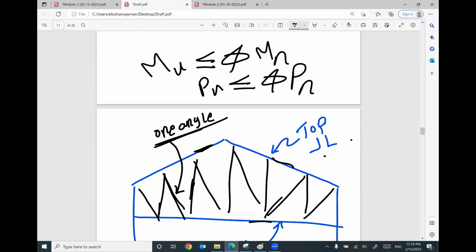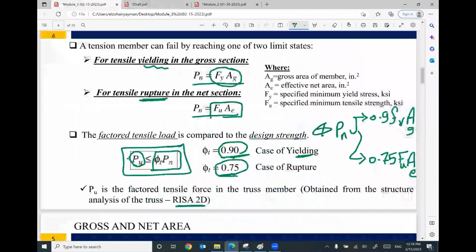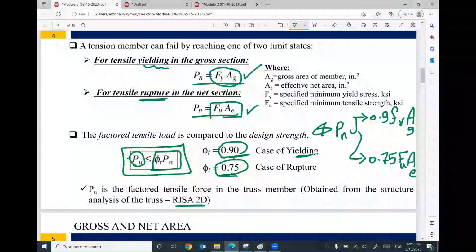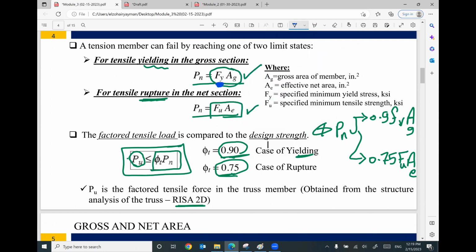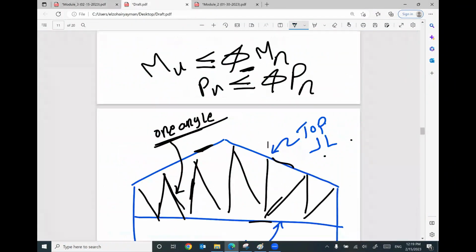So keeping this in your mind, the value of phi based on the standard, in our steel design course, will be 0.9 if you consider this case of failure, and 0.75 if you consider this case of failure. Looks good, but can you tell me what you mean by F yield and F ultimate?